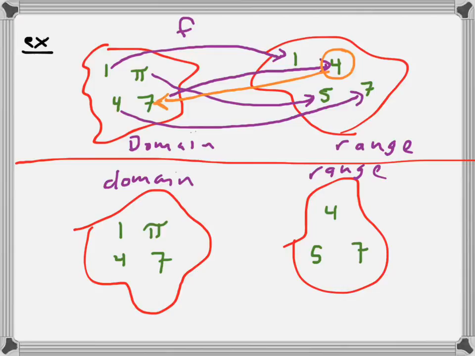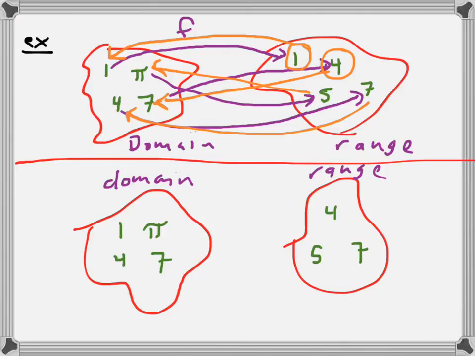If I have the number 1 as my range, or y value, can I find the number such that that equals 1? Yeah, it's 1. I could just work backwards. Same thing with 5, I could go backwards to pi, and going back here with 7, I can go back to 4. No problem whatsoever, right?